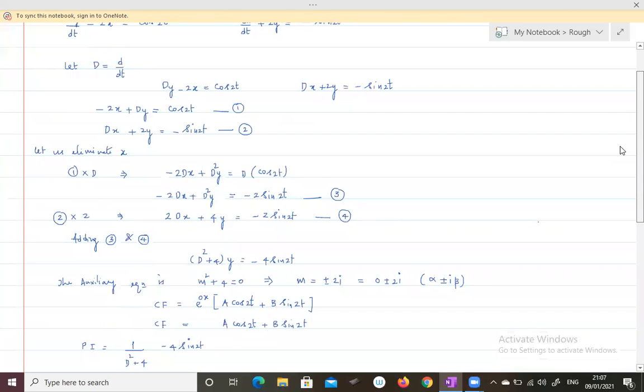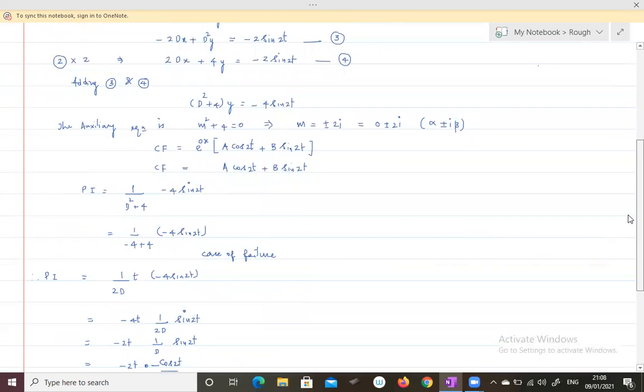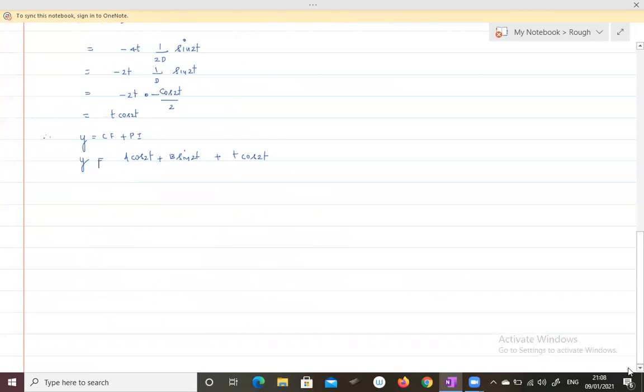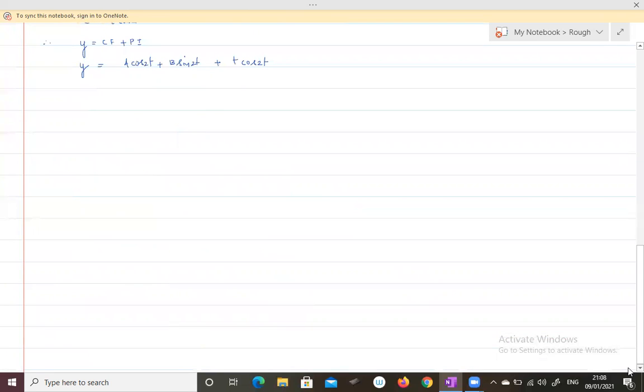First equation is minus 2x plus Dy equal to cos 2t. Second equation is Dx plus 2y equal to minus sin 2t. We can go for any one of the equations, so let me take the first equation.